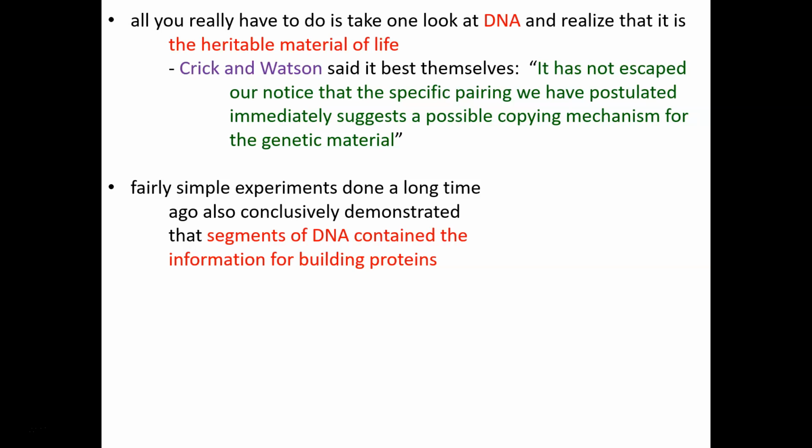So what they realized even then was because A always base pairs with T and C always base pairs with G, cells could and should know how to always copy their DNA using one existing strand as a template to build a second.